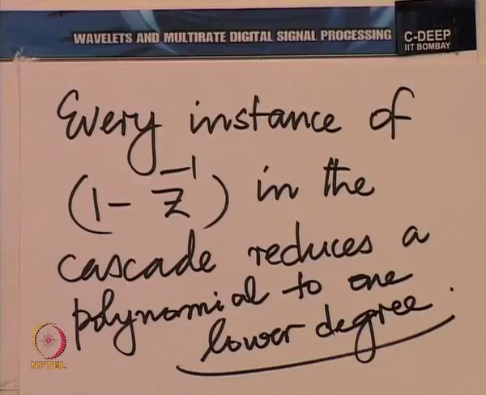So, I am looking at the situation from a slightly different perspective. Now, I am not talking about frequencies or sinusoids anymore. I am saying, suppose you think of an input sequence as having polynomial components. Now, where on earth do you encounter a polynomial kind of expansion? Well, we know about the Taylor series.